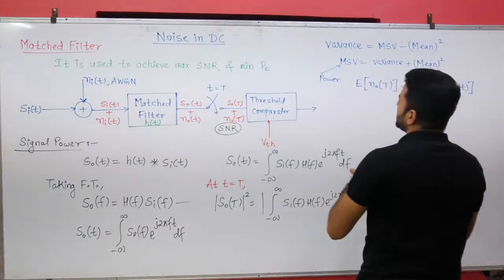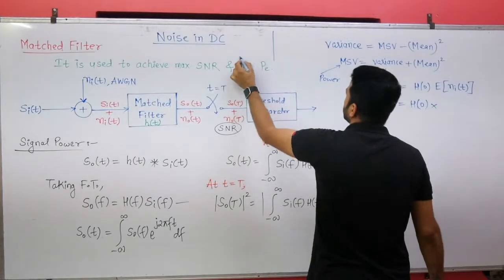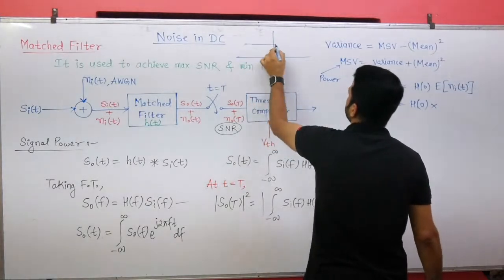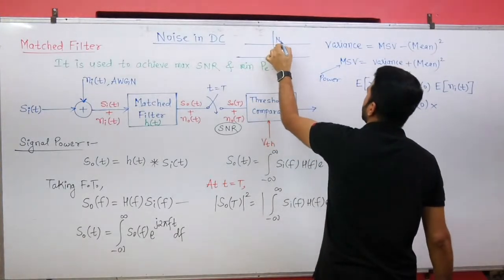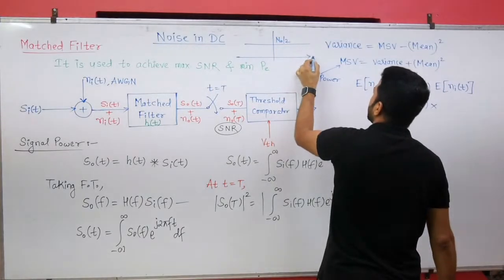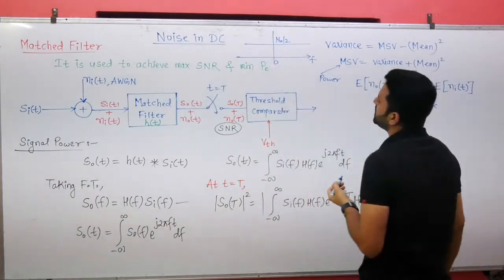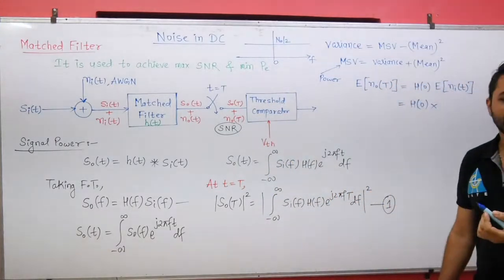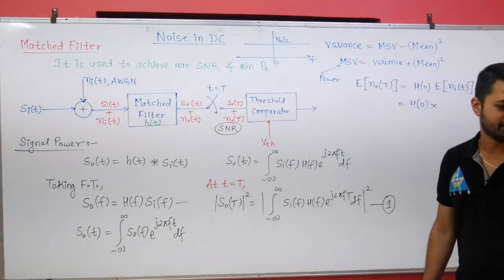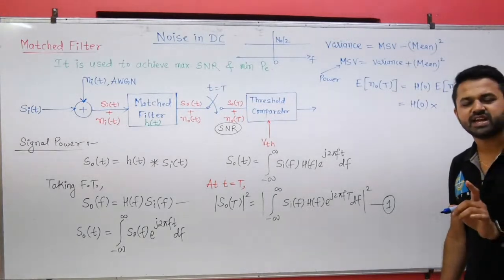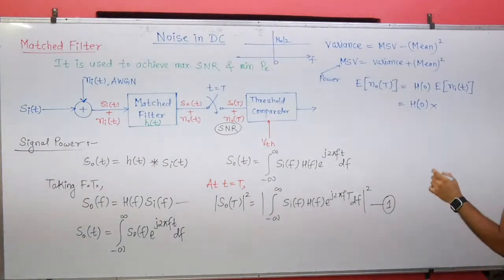Since the power spectral density of this white noise is constant and having power spectral density n naught by 2, we are not having impulse at f equal to 0. At f equal to 0, we are not having any impulse. So if we are not having any impulse, then the mean value should be 0.